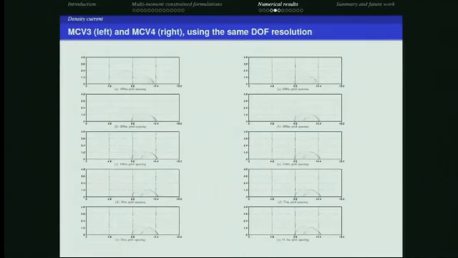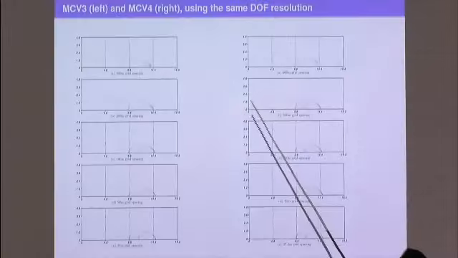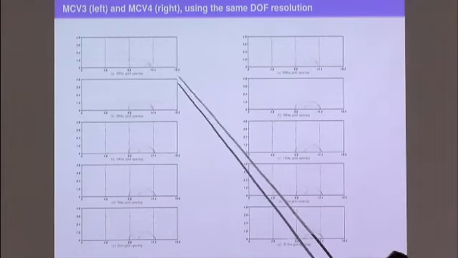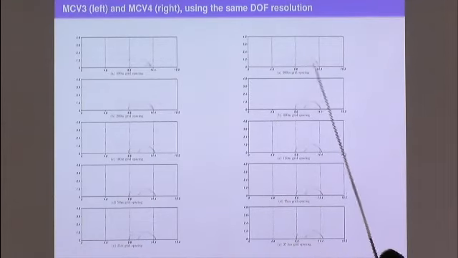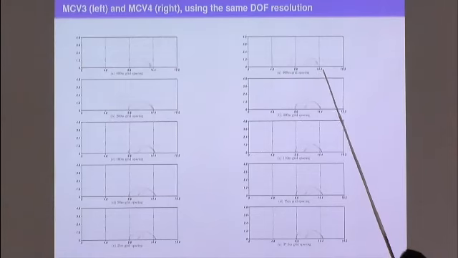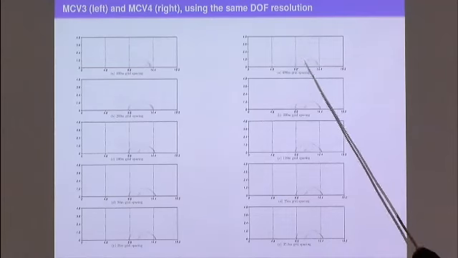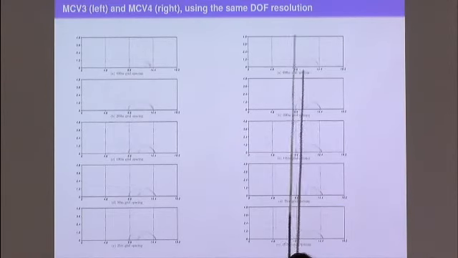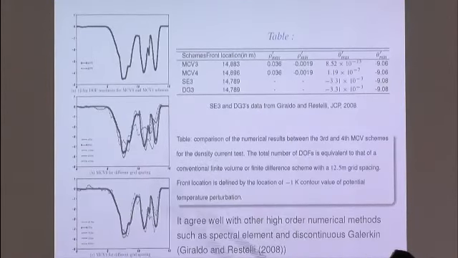Yes, we use different resolutions to show how our scheme converges to numerical solutions. This is MC4, 3, 4. We can see that for high order, in fact, it converges to the numerical solution very quickly. Maybe here is more clear.